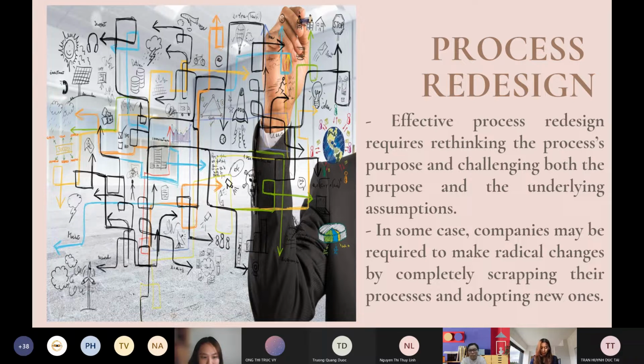Effective process redesign requires rethinking the process purpose and challenging both the purpose and underlying assumptions. In some cases, companies may be required to make radical changes by completely scrapping their processes and adopting new ones.